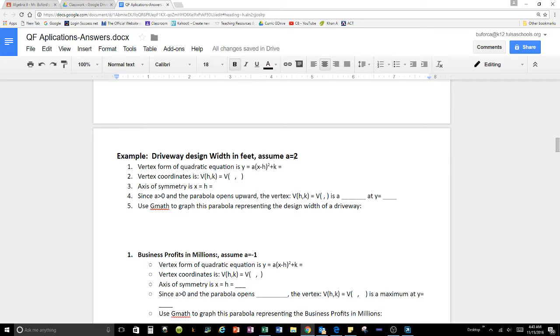Here we're given a is equal to 2, so we'll put a equal to 2 there. So let's just go ahead and do this. 2 times x minus minus 18.